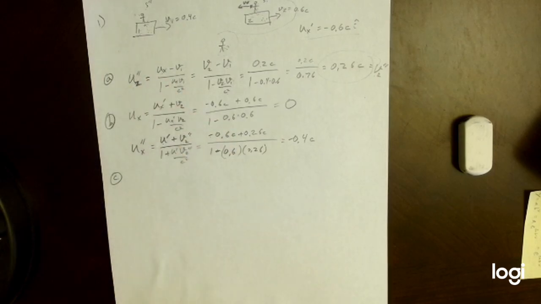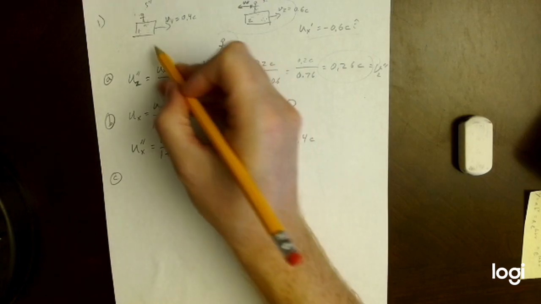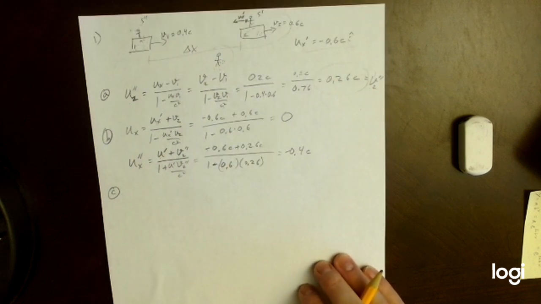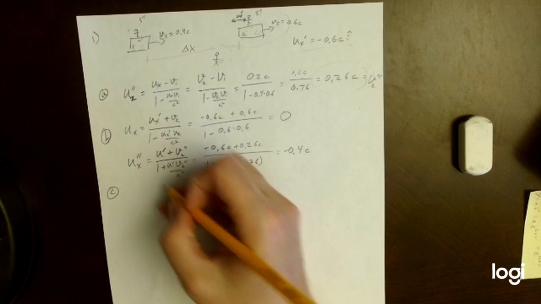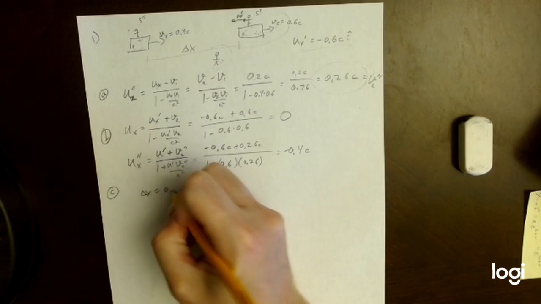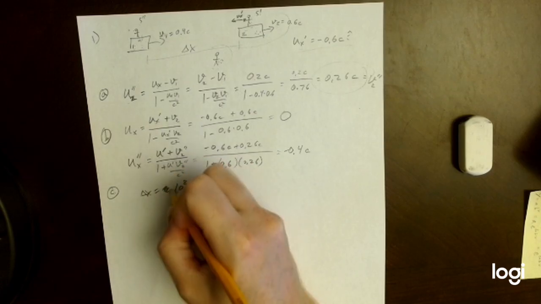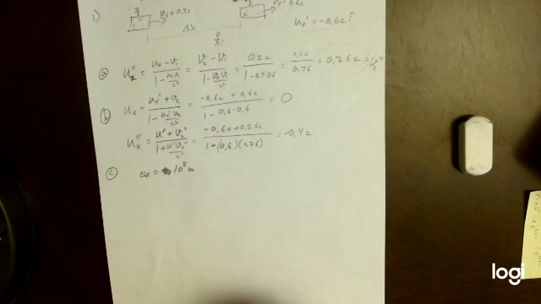Part C, if the S frame observer sees the ball being thrown while the cars themselves are some delta x apart from each other, where delta x is 10 to the 8 meters apart, how long does the ball move before being caught by the observer in the S double prime system?